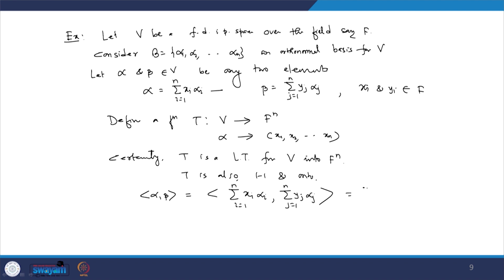So, this is equal to sigma over i and j of x_i y_j bar and the inner product of alpha_i and alpha_j. Since I have considered this orthonormal, this will be equal to sigma over i equal to 1 to n, x_i y_j bar, j also 1 to n, times delta_ij.